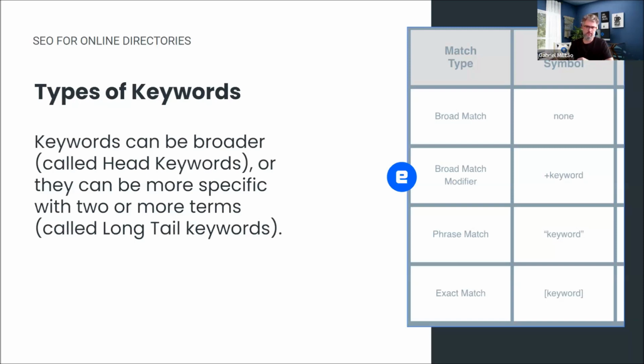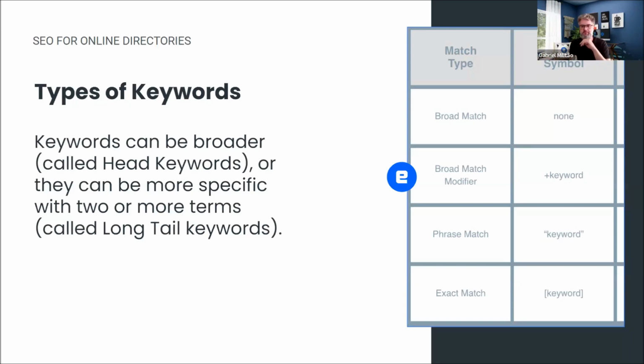A short tail keyword has high search volume, but can be very competitive, making it difficult to rank for, because everybody is trying to rank for pizza, everybody is trying to rank for lawyer services. So it's a very general and very competitive keyword, and much more difficult to rank in the first positions on Google for those types of keywords.